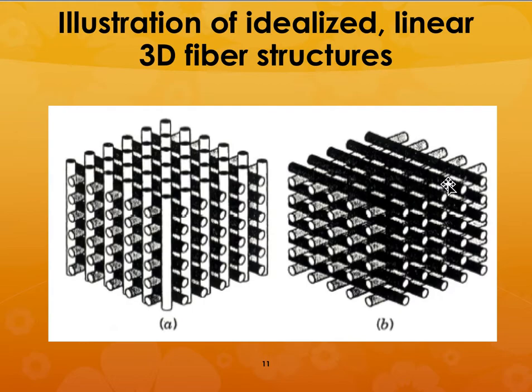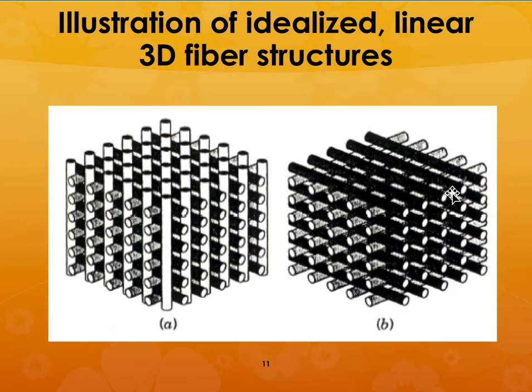Because these have to be woven with the fiber bundles running in different directions. If that has to be the case, then it's going to be extremely difficult and expensive. So you don't want the composite structure to be very expensive if you have to make it something like this.